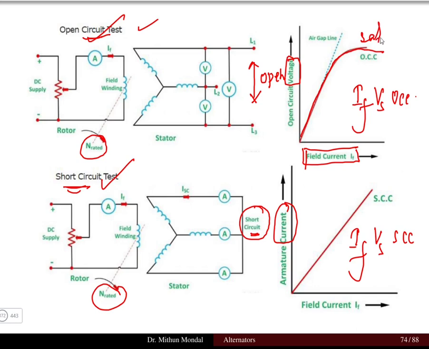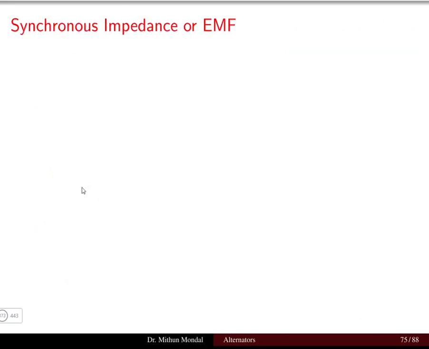This point is due to saturation, where even if we increase the current, the voltage remains the same. In the short circuit characteristic, there is a straight line: on increasing the field current, the armature current increases. These two tests are required for determining the voltage regulation.